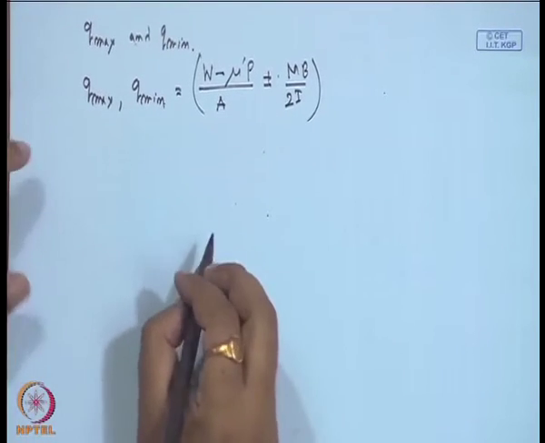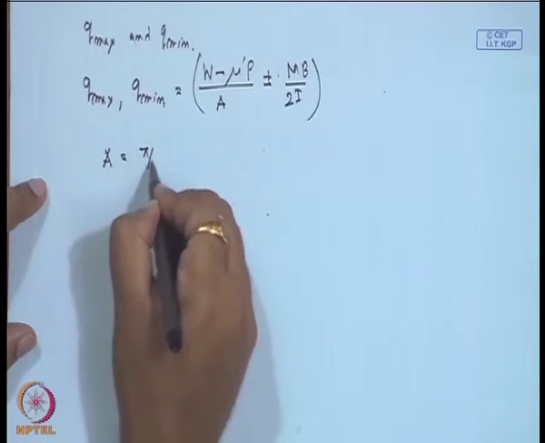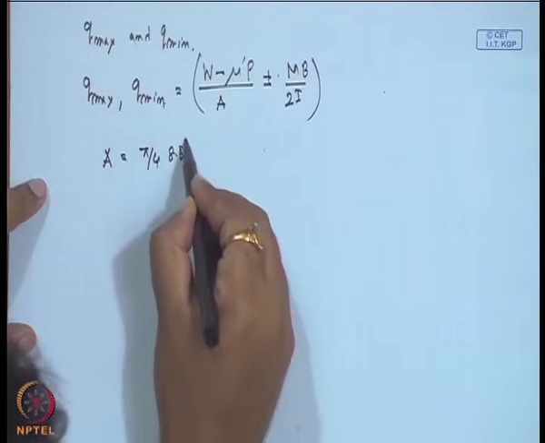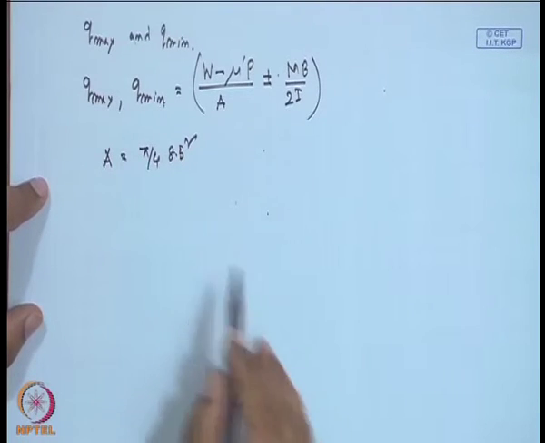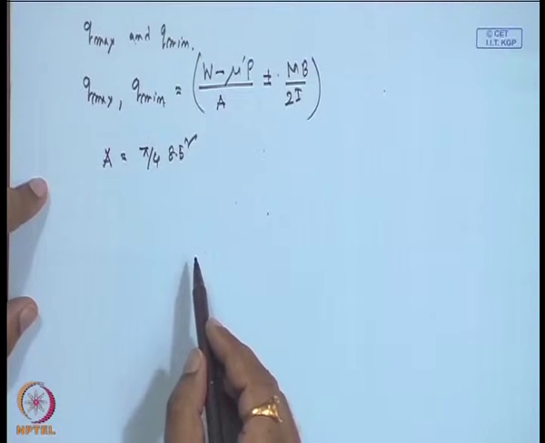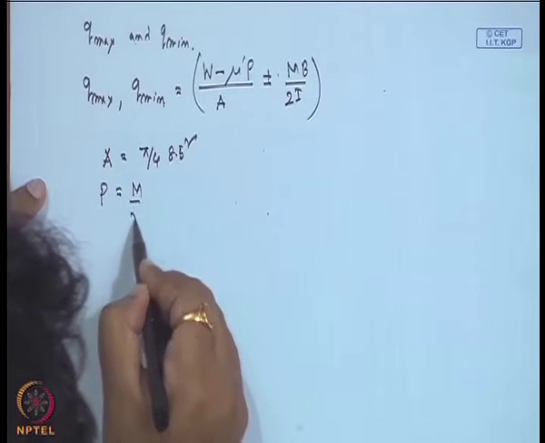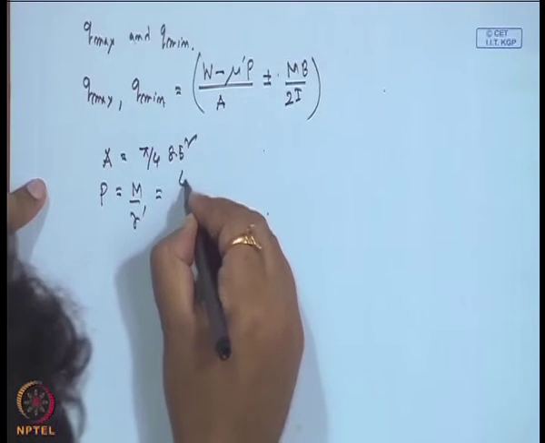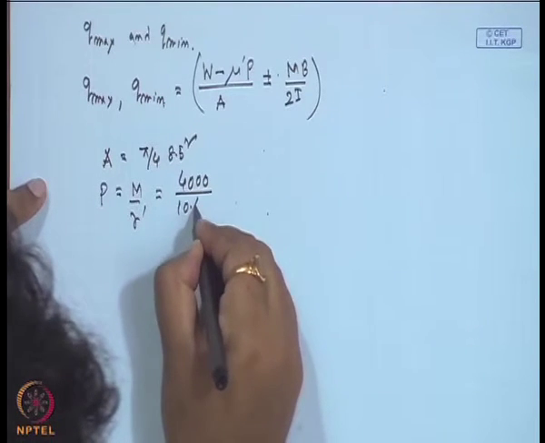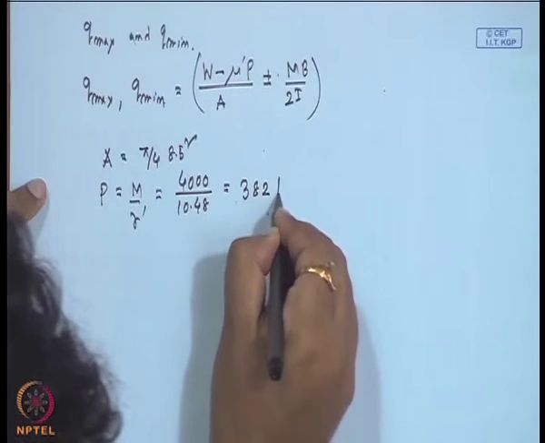Here A is the area of the base, that is pi by 4 into 8.5 whole square, the projected area of the base, and P we can determine, that is P equal to m by r dash. M is 4000 ton meter, r dash is 10.48. So, the P value is 382 ton.